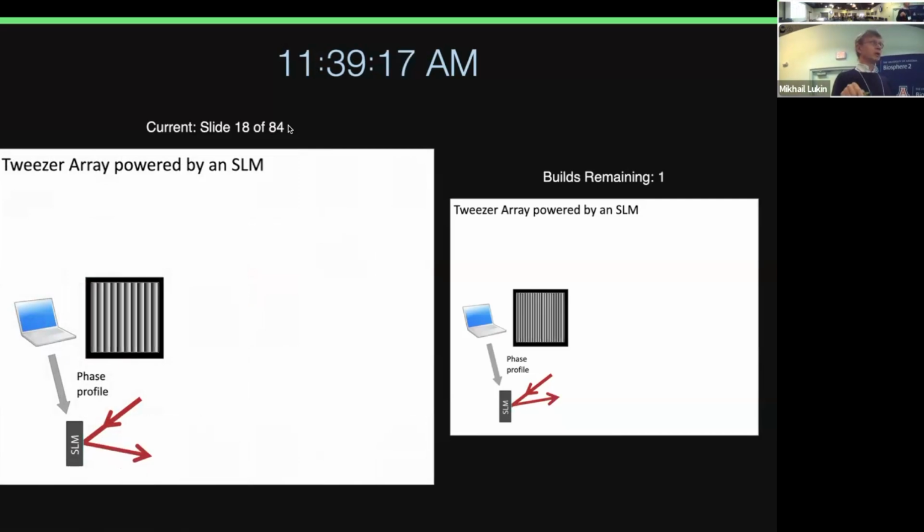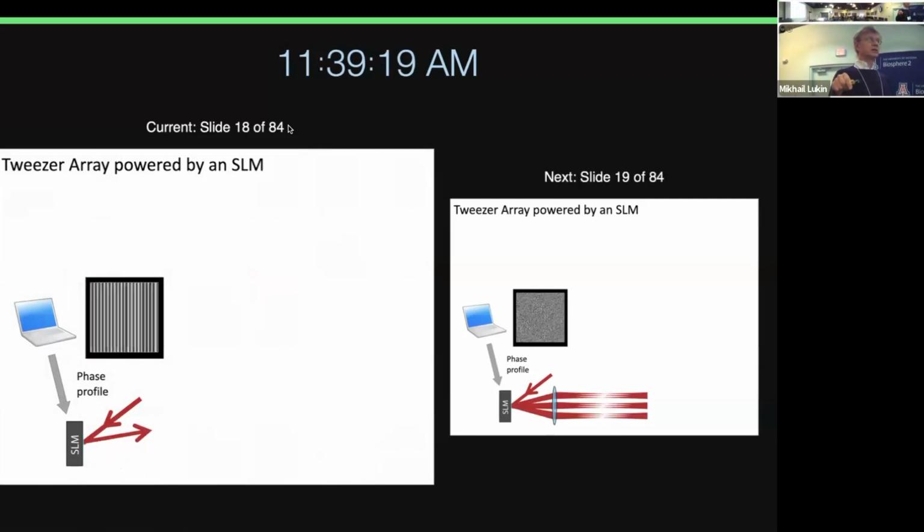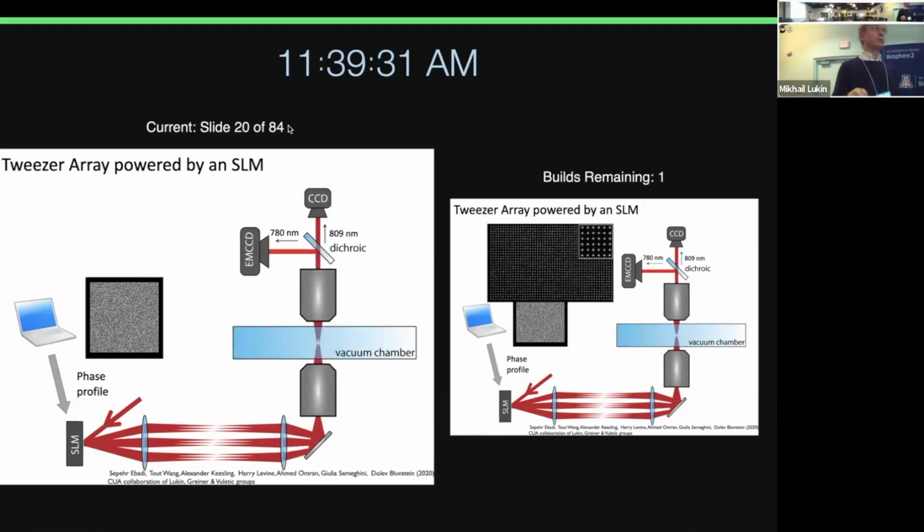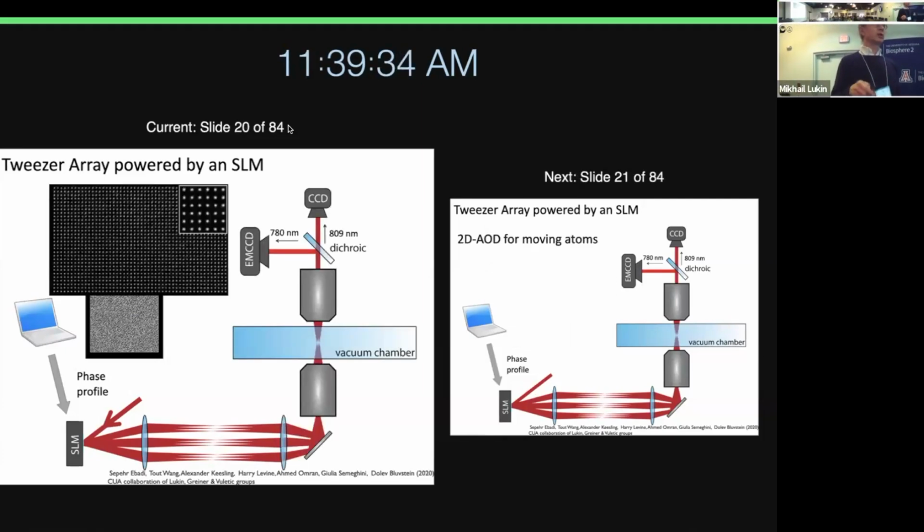So basically, by programming this hologram, you can deflect light in different directions. In fact, by programming the right type of hologram, you can create a two-dimensional pattern of traps, these tweezer arrays. And if you project them into this vacuum chamber, you can easily have thousands or actually tens of thousands of these spots where you can trap atoms.